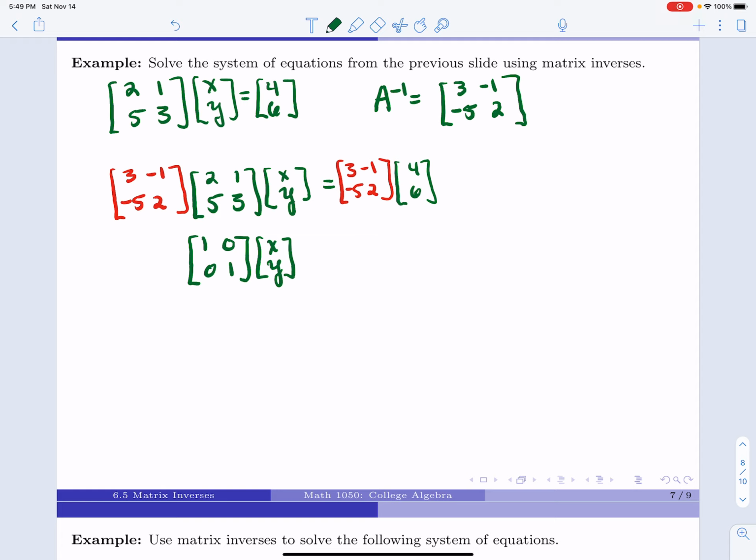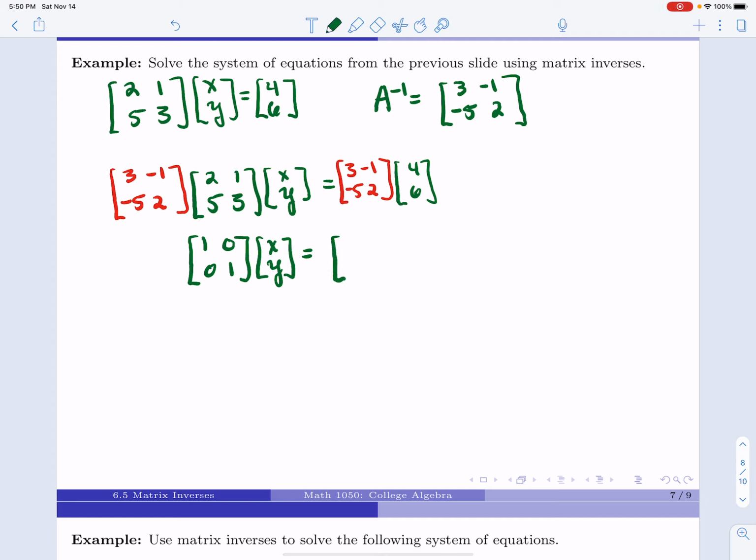Okay, and remember, matrix multiplication is not commutative, so I couldn't multiply my inverse matrix on the right over here, or else we would get a different matrix. And in this case, we couldn't multiply because the rows and columns don't match. Okay, and so then all we have to do is multiply these matrices here.